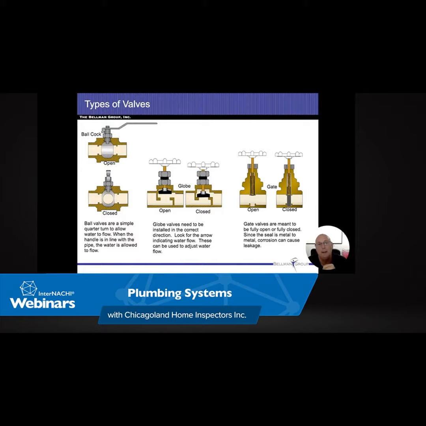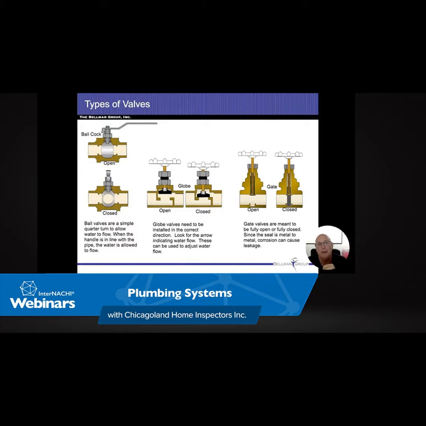So the term cross connection means that there's a possibility that any wastewater can be siphoned into our drinking water. If we look at the left-hand side, we see a garden hose and a puddle of water. Once that water leaves that spigot and enters that garden hose, it's wastewater at that point in time.